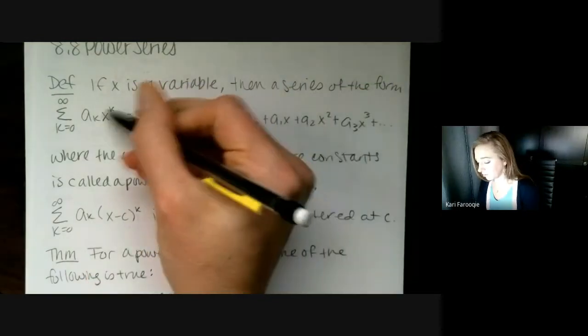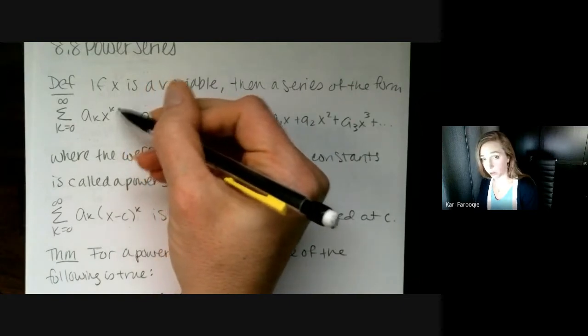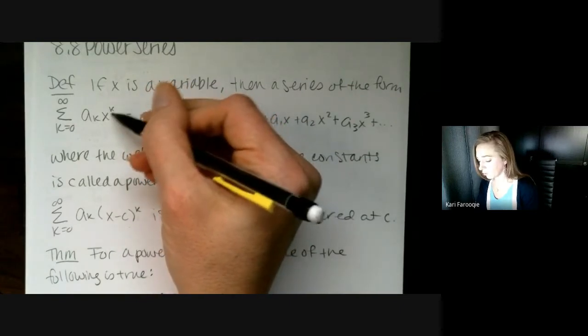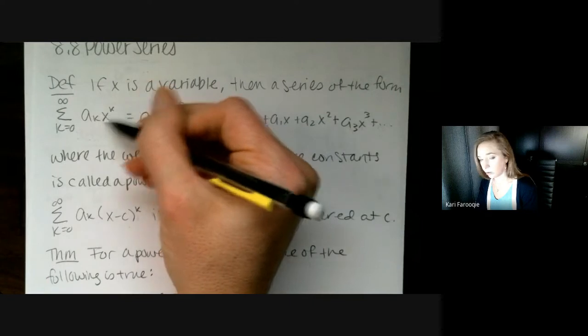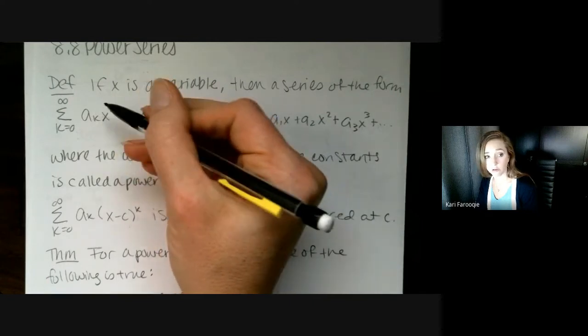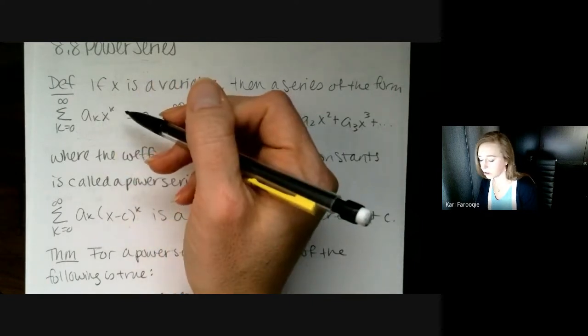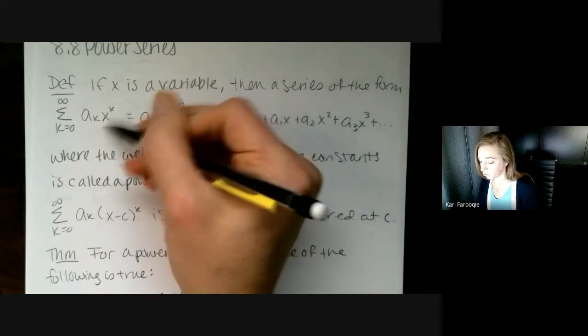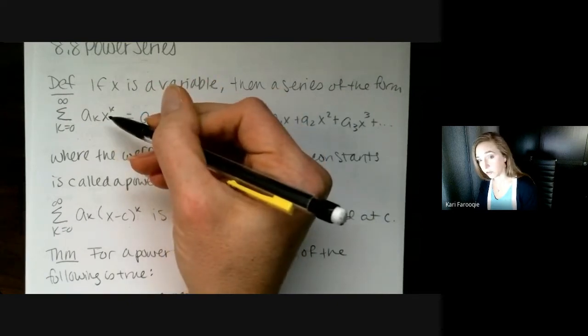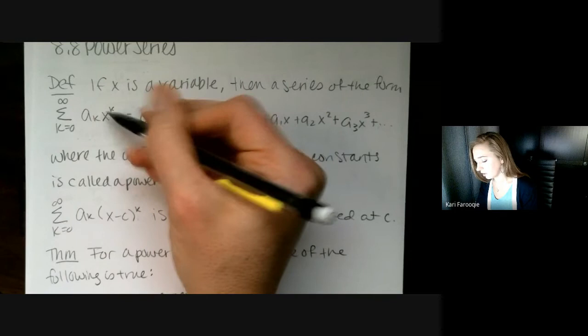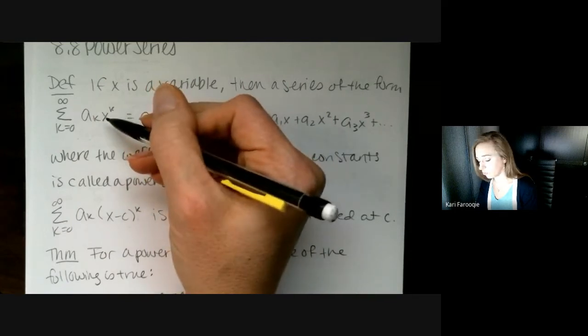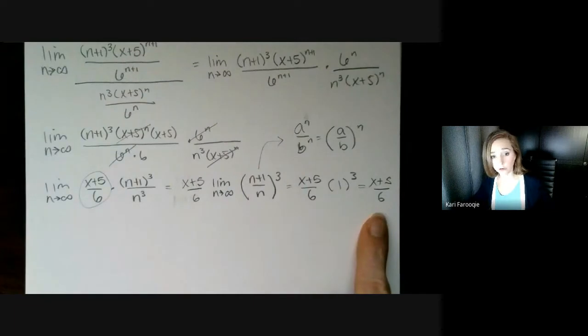You're looking at some ratio to the kth power. What we're going to focus on is setting our ratio to be less than 1 in order to determine if there's convergence here. If the ratio is greater than 1 for a geometric series, you will find that the series will diverge. So when we find our limit, we're going to force this quantity to be less than 1.